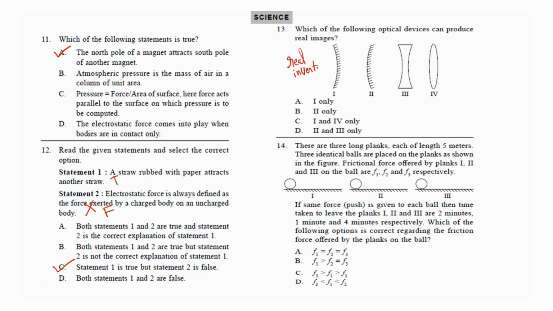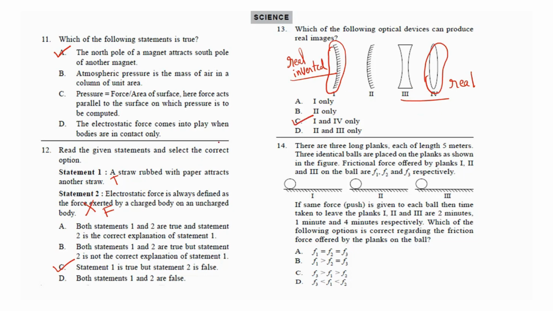In the case of a concave mirror and concave lens, it is also a real image. So our answer should be 1 and 4. In a concave lens, the image is real. So which of the following devices can produce a real image? It will be the first one, the mirror, and the fourth one, a concave lens. So the answer will be C.